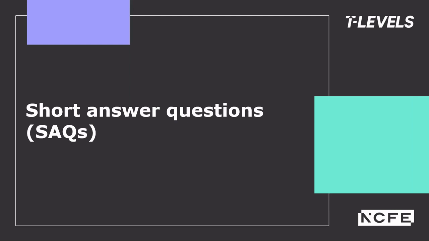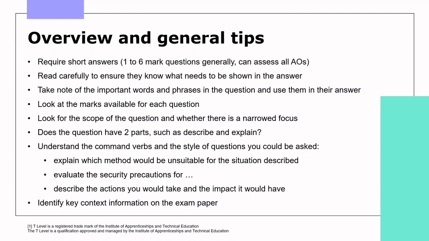So next up, we're going to look at the short answer questions, or SAQs. So some summary points first on the short answer questions. Generally, they are between 1 to 6 marks that are available, and they can assess any of the assessment objectives, and sometimes multiple assessment objectives in the same question.